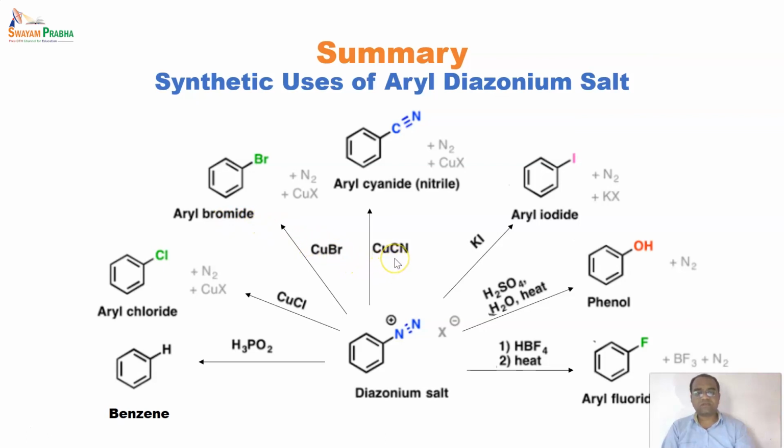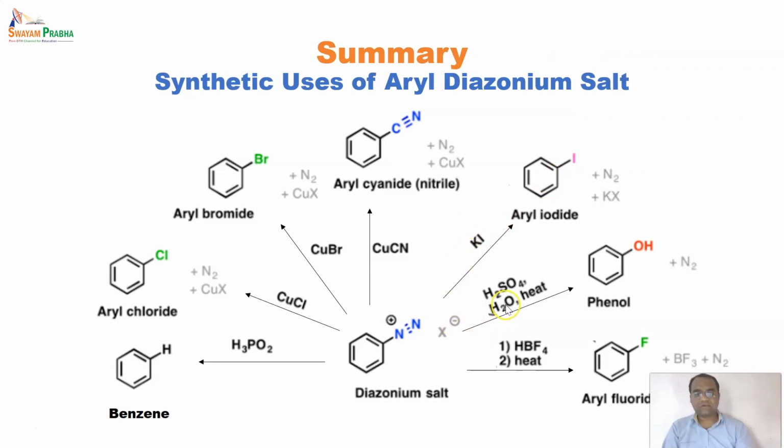After that, using copper cyanide, giving aryl nitrile as a product. After that, the diazonium group is replaced by a halogen like iodine with the help of potassium iodide.